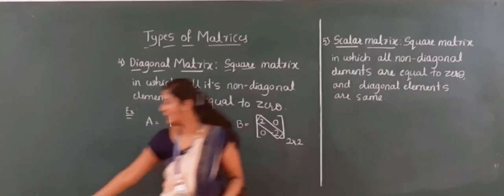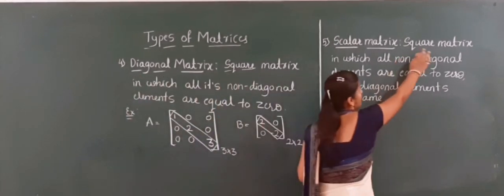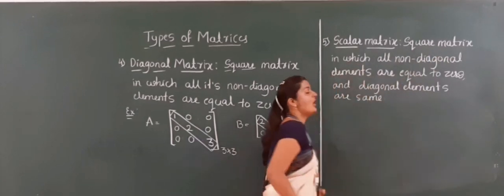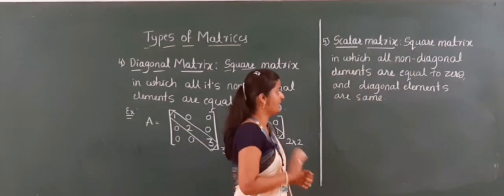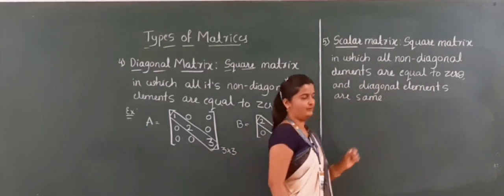So see here, what is the definition of scalar matrix? A square matrix in which all non-diagonal elements are equal to 0 and diagonal elements are the same.